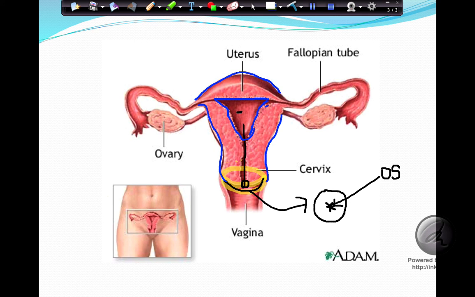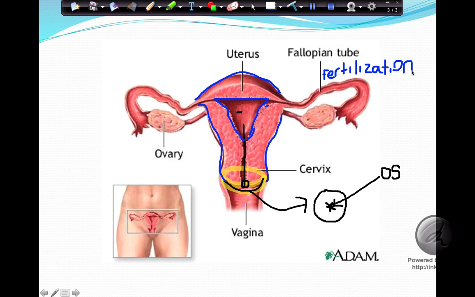Moving on, we have the fallopian tubes, and their claim to fame is this is where fertilization occurs. This is where the fireworks happen between Seymour and Olivia. Whoops.